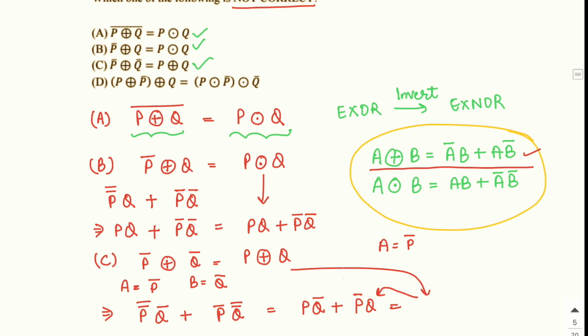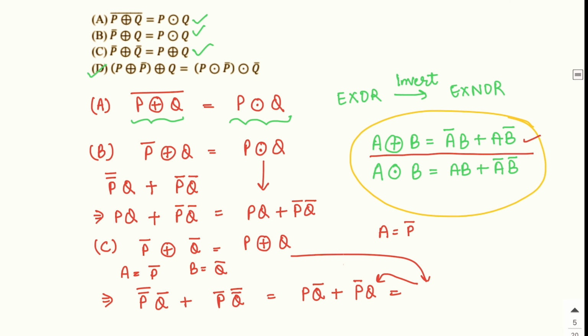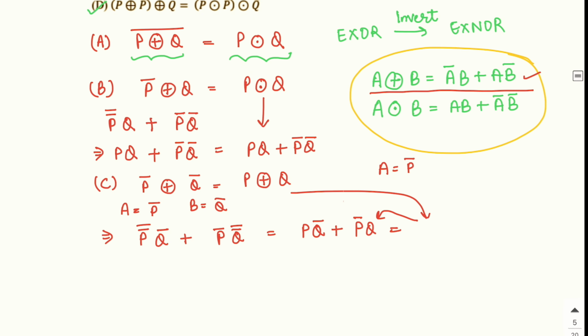In fact, I actually know that my answer is going to be D only, but we need to check it out. So we'll quickly check that D is actually the answer. For D, the last statement, I have P XOR (P bar XOR Q) should be equal to P XNOR (P bar XNOR Q bar).